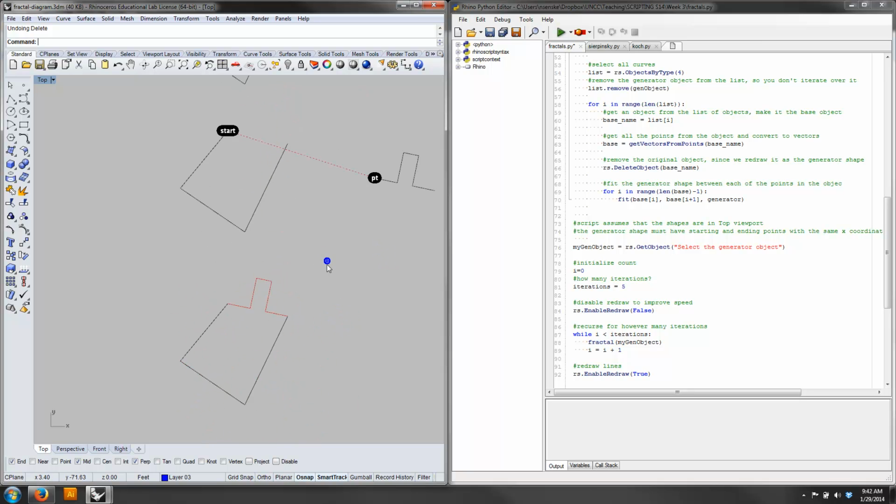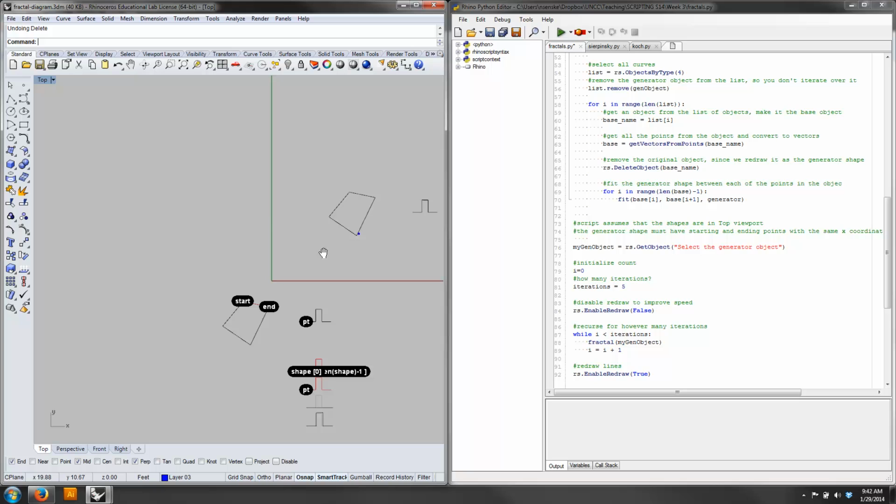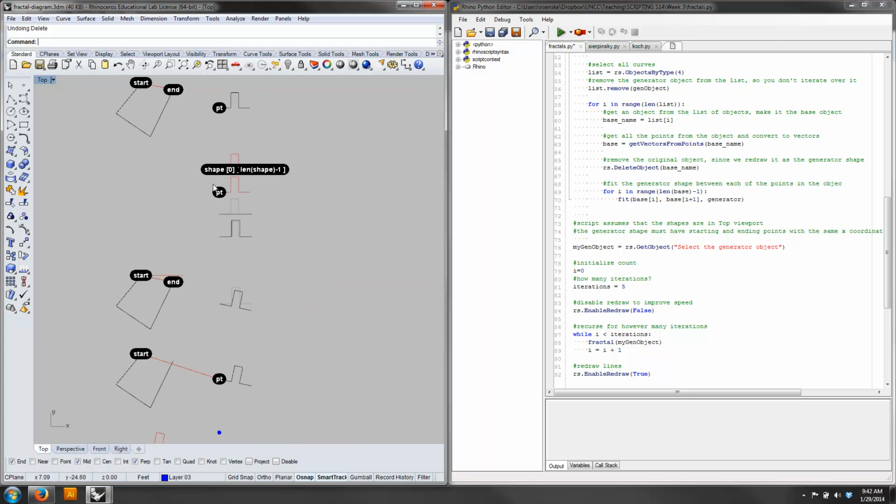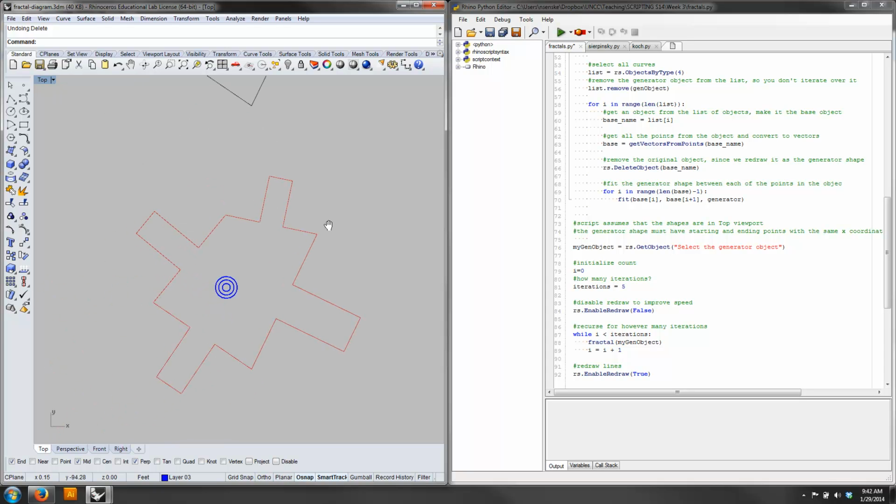Whereas the first iteration is going to perform an operation on these 4 segments of this shape, the second iteration will be calling it on 16. It's just going to keep getting called on more and more objects, and because it's self-similar, that's where the recursion comes from. So it's essentially going to be a square of it each time.